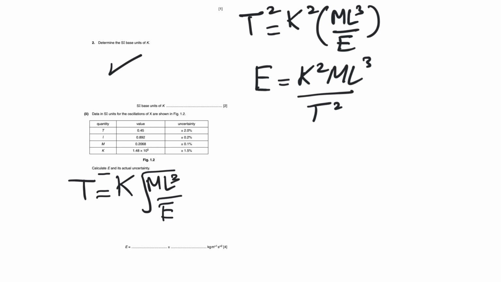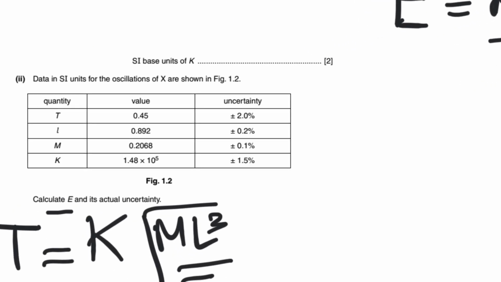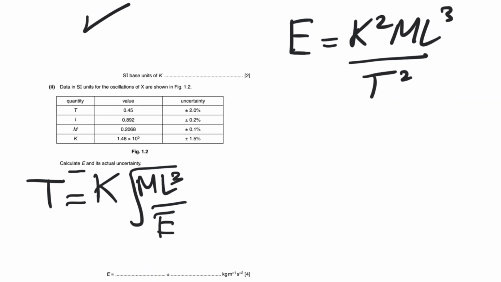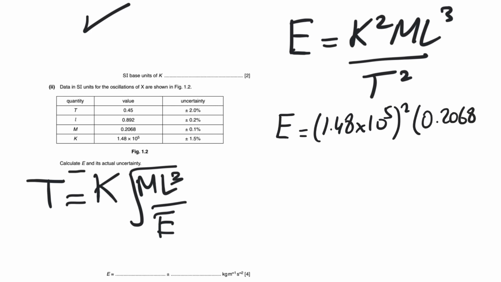Now all that you have to do is, if you zoom in on the values of K, L, M and T, you plug them in and you find out what the value of E is. And the value of E, when you plug in all the values correctly, E will be equal to K square, which is 1.48 times 10 to the power 5 whole square, times mass, which is 0.2068.